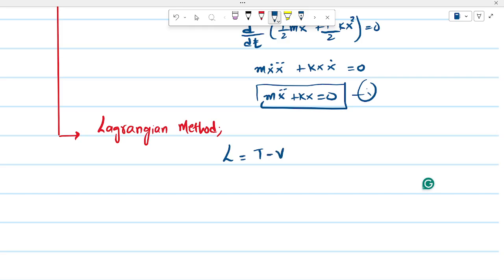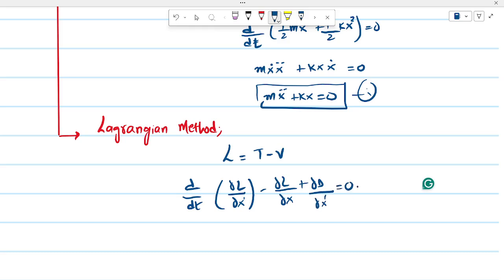The generic form of the equation of motion is d over dt of the partial derivative of L with respect to x dot, minus the partial derivative of L with respect to x, plus the partial derivative of D with respect to x dot.